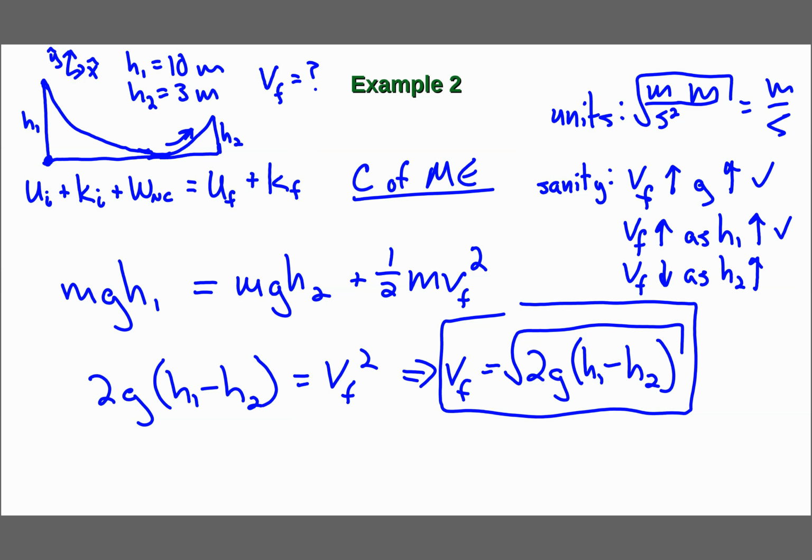And I know if I'm just coasting along, I'm going to slow down as I go up the hill because gravity's pulling me down the hill while my velocity's trying to go up the hill, right? So that makes sense. And indeed, if I make h2 equal h1, then this Vf becomes 0, right? And then I have a half pipe, right?